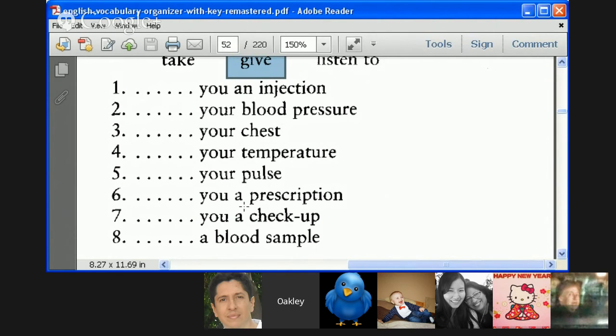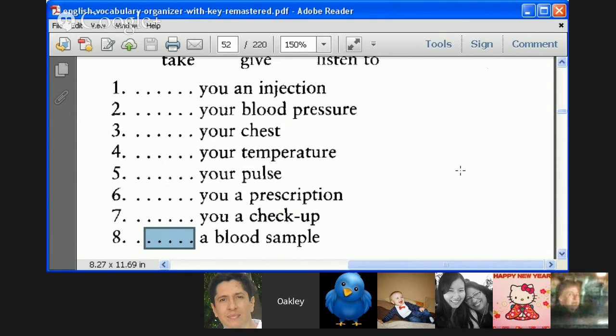So give me a checkup, and take my temperature, take my pulse, take my blood pressure. When the doctor gave me a checkup, he took my blood pressure, my pulse, and my temperature. And I had to give a blood sample.